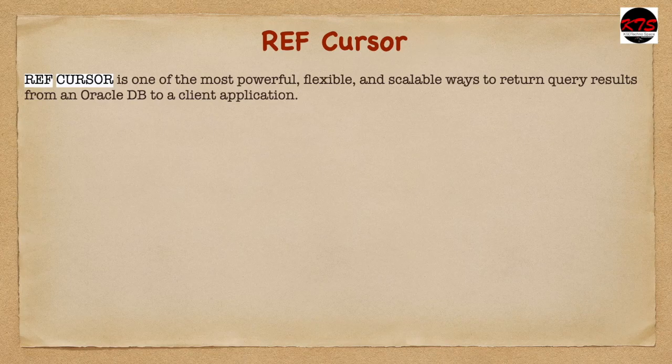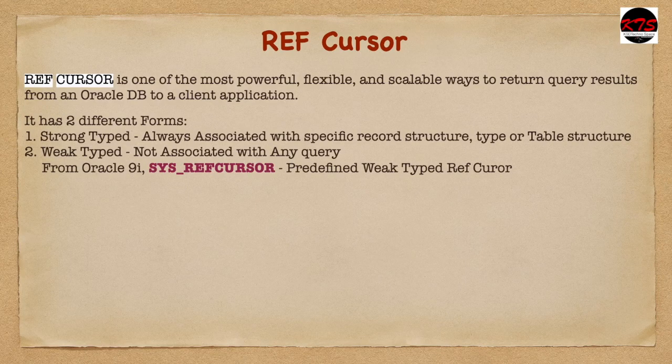This ref cursor has two different forms: strong type and weak type. The strong type is always associated with a specific record structure, type or table structure, and the weak type is not associated with any kind of query, so you can use it wherever required.